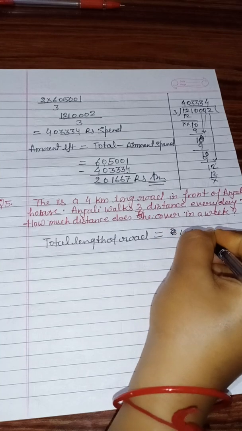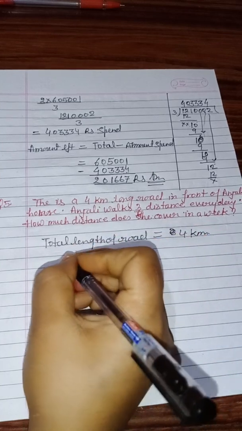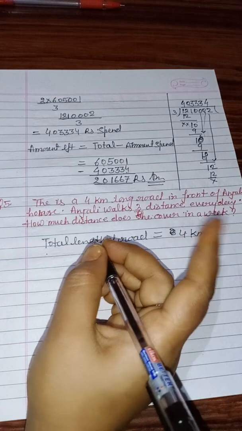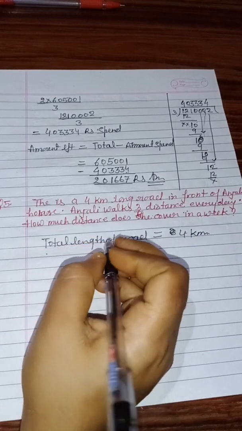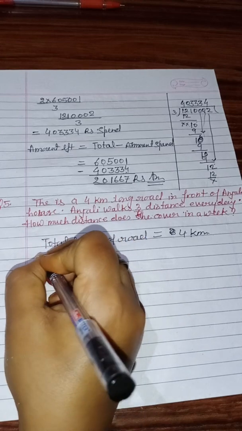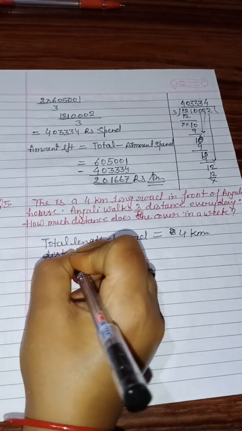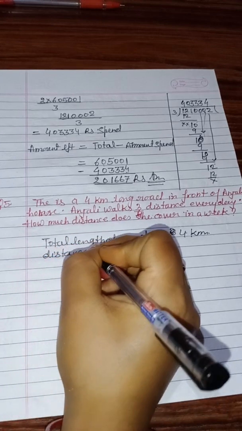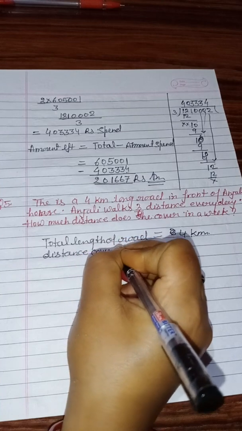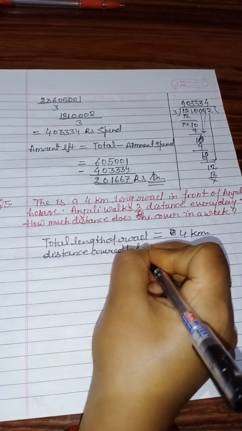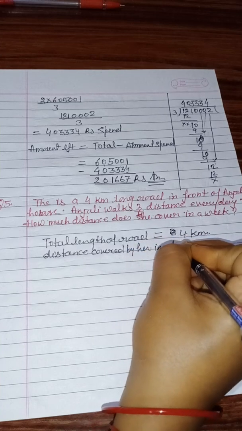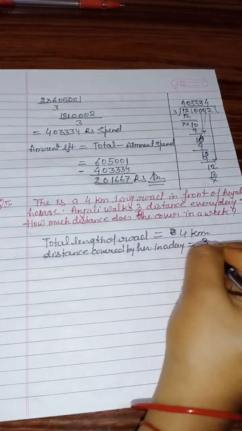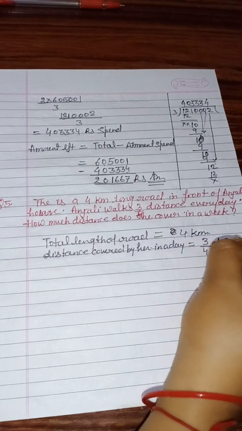Every day means in one day. Okay, means distance covered by her in a day is equal to 3/4 of total.